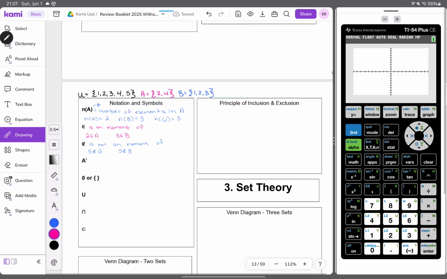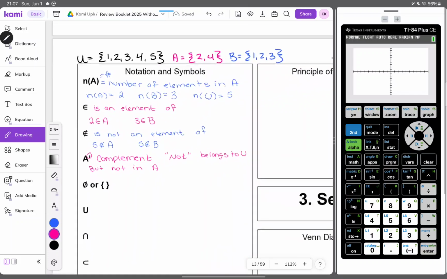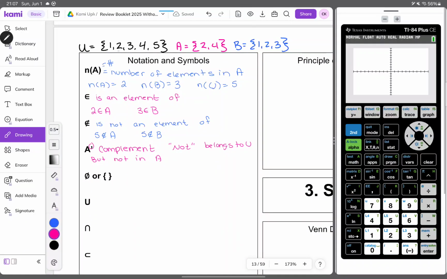Okay, this symbol here means complement. And it's the English word not. So you'd say everything not in A. So it's everything that belongs to the universe but not in A. So for example, well, A has 2 and 4.